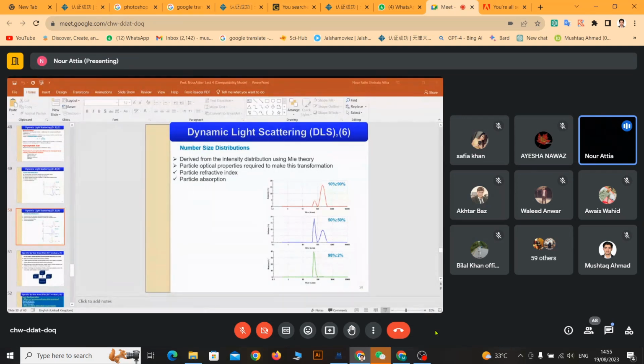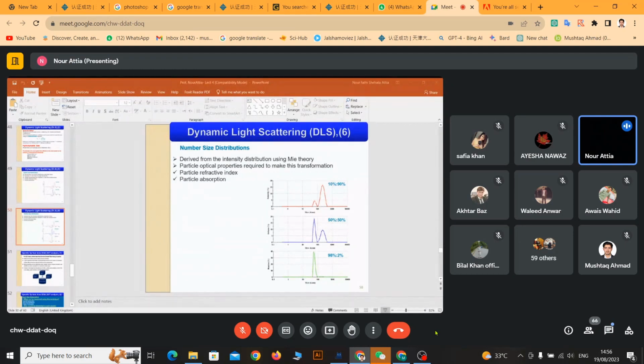One size is 5 nanometers, and this is maybe 100 particles. And we have only 10 particles whose size is 100 nanometers. The 10 particles are nothing. It's 10% relative to the 5 nanometers.